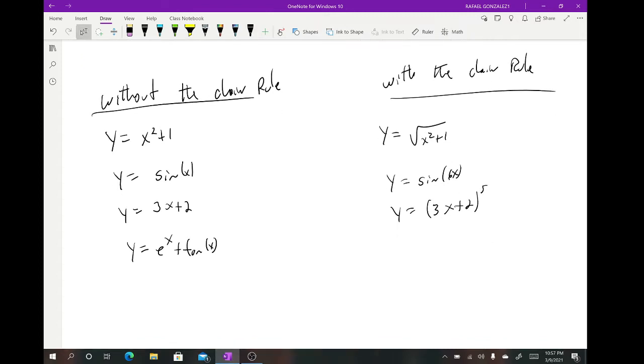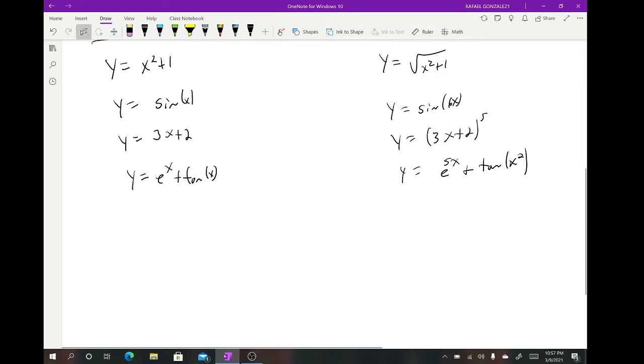This one is interesting. You could solve it without using the chain rule, but it's going to take you forever, and I'll explain why in a few. And finally, let's say e to the 5x plus tangent of x squared. So these ones you cannot solve without using the chain rule.